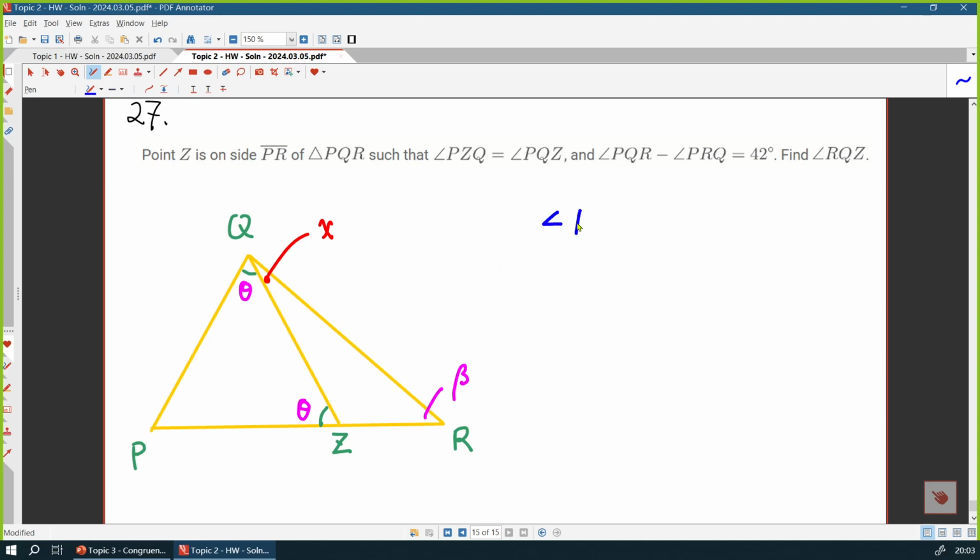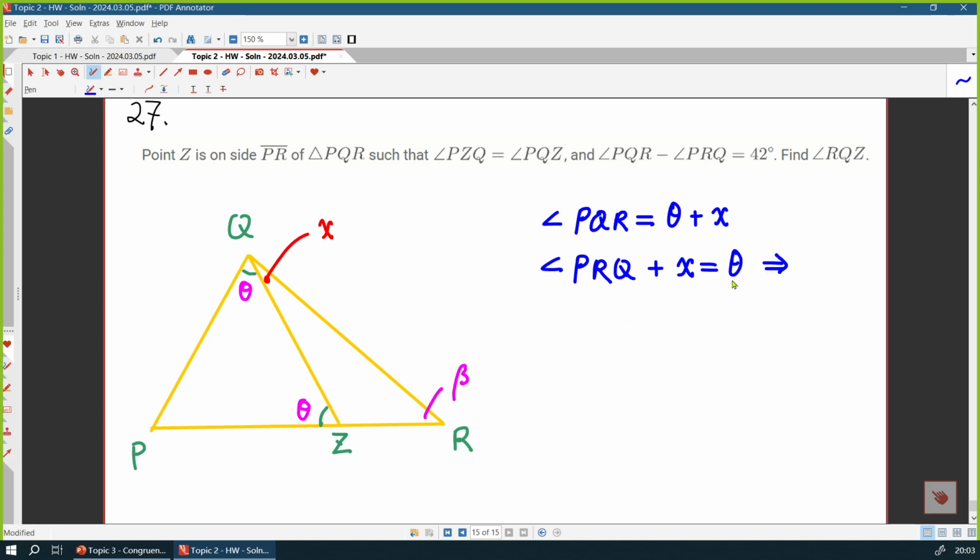So here we have angle PQR is theta plus x, right? Then we have angle PRQ, sorry, not PQR. Angle PRQ plus x equals theta, right? Because theta is the exterior angle of the two remote angles, right?